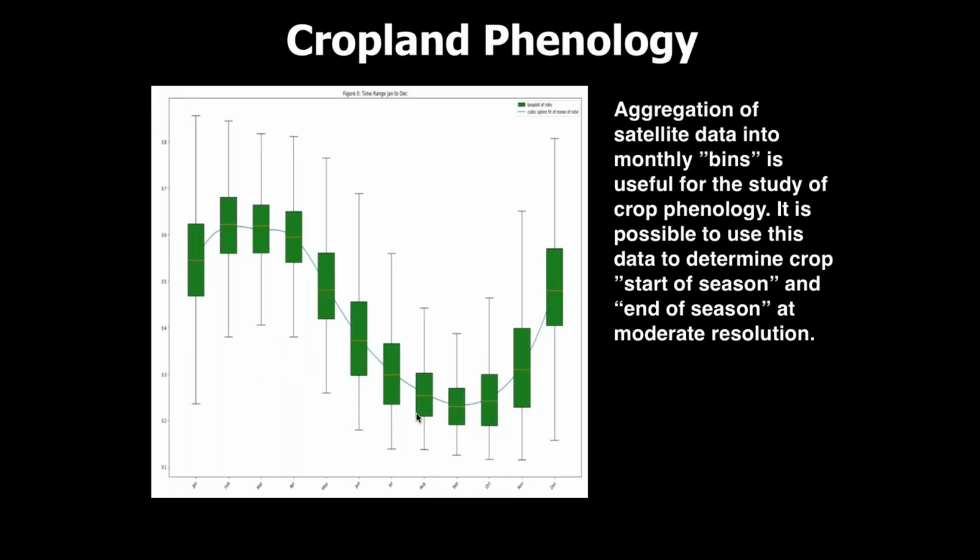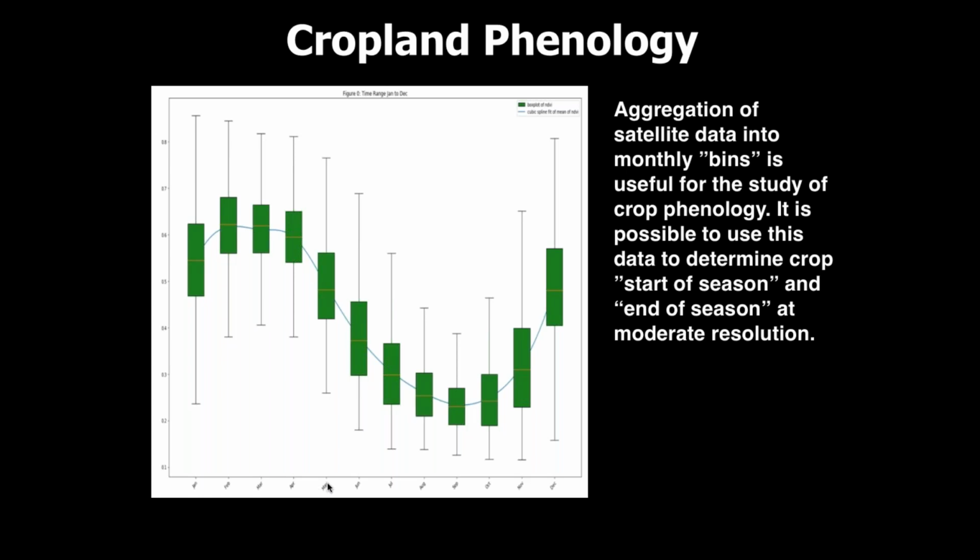Getting near the end here, here's a few examples. These are not available in the user interface, but just to show you the power of some things that can be done for croplands and agriculture, we have a Jupyter notebook that looks at a particular area and puts all of the NDVI values into bins by monthly time.